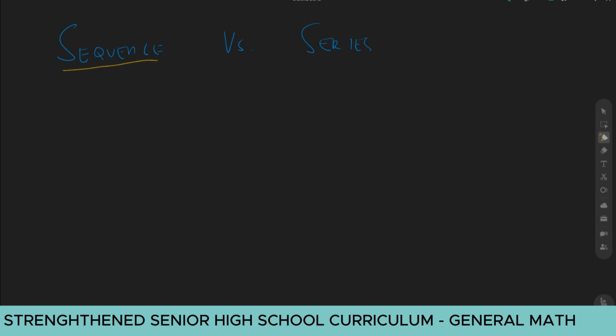When we say sequence, it is the list of numbers, while the series is the sum of numbers.